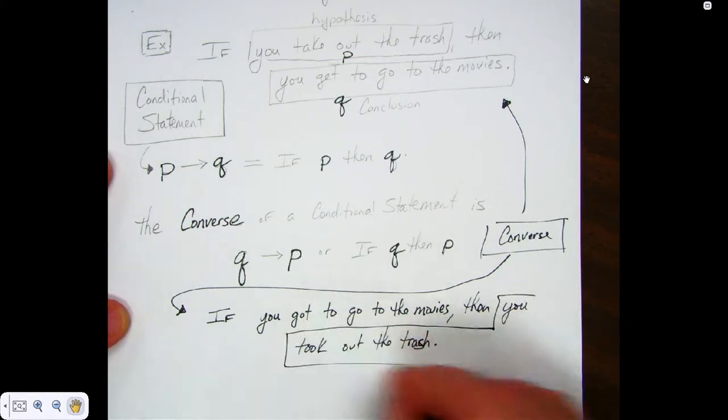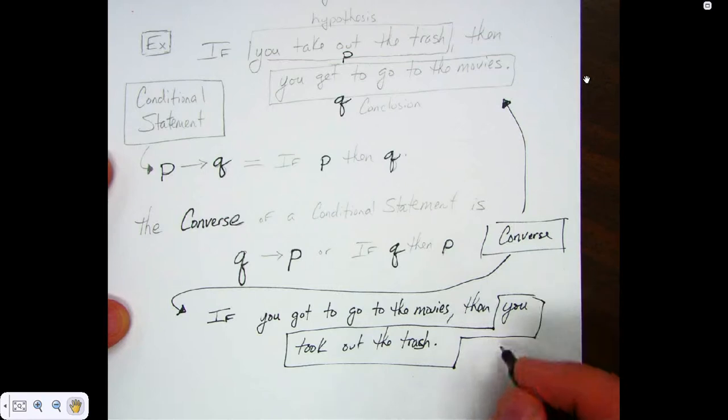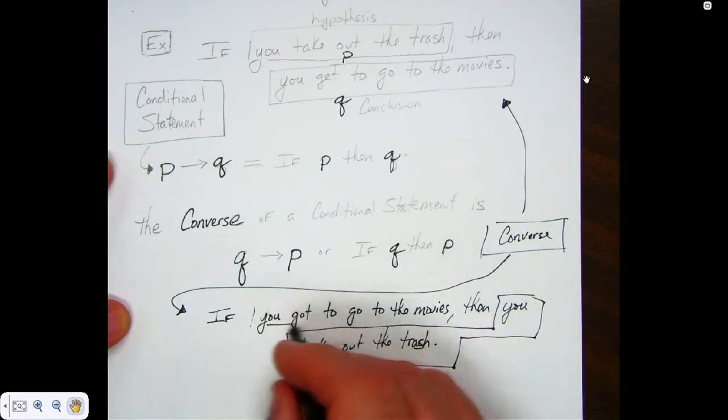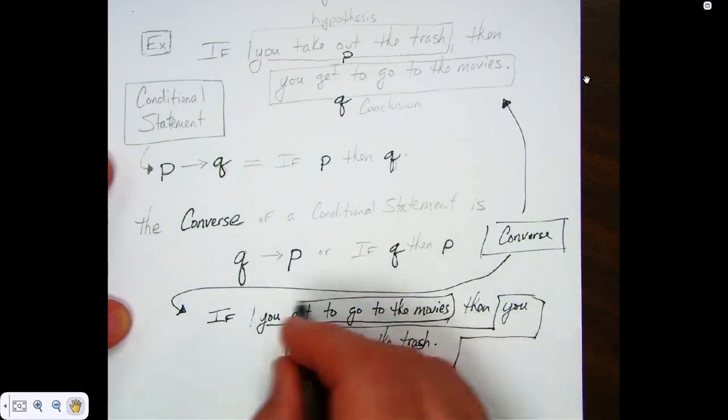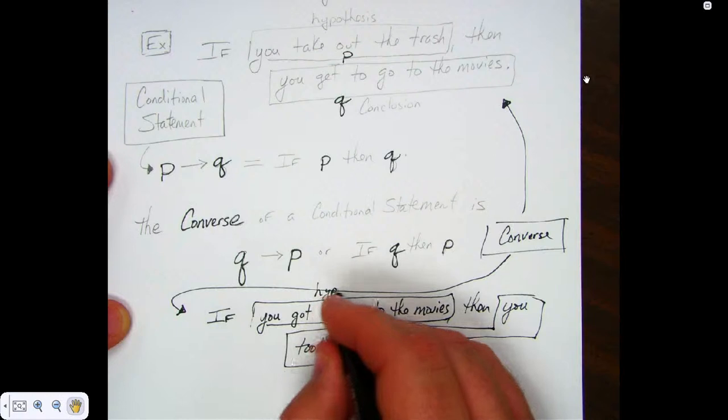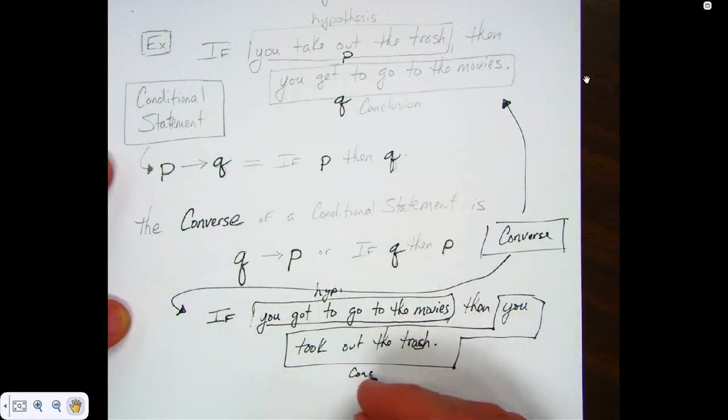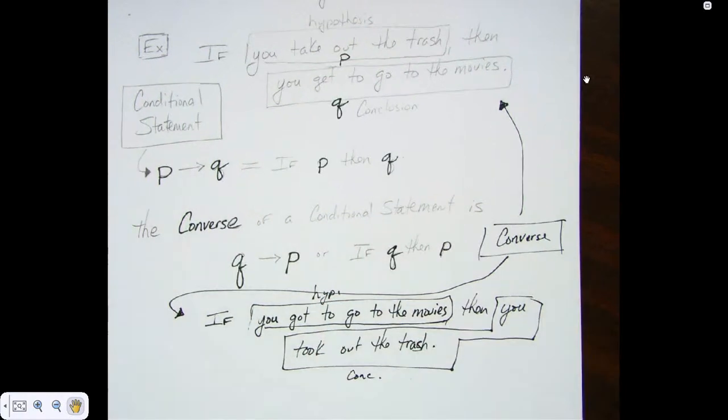This is now your what? Your conclusion, and this became your what? Hypothesis. What happened first was, oh, look, Johnny went to the movies. As a result, then he must have took out the trash, huh? You see what I mean?